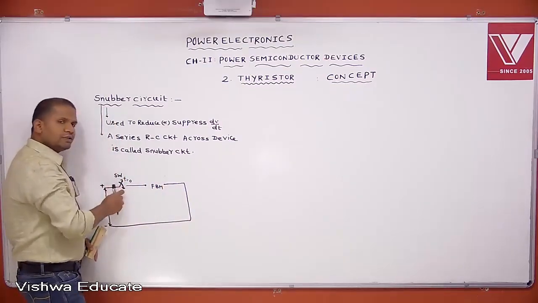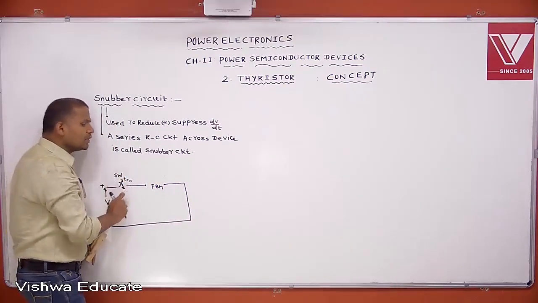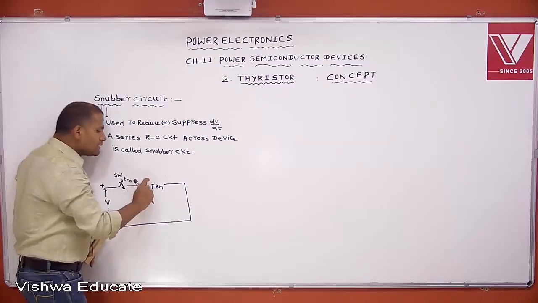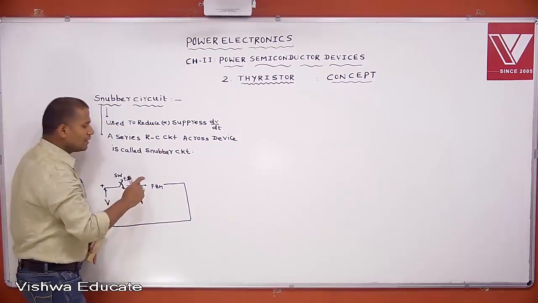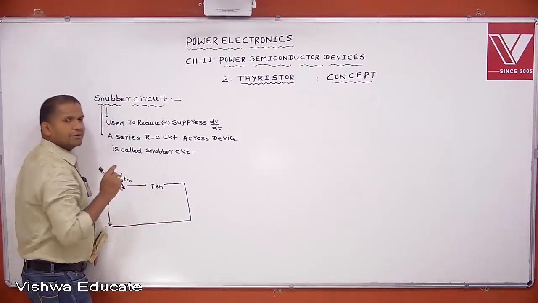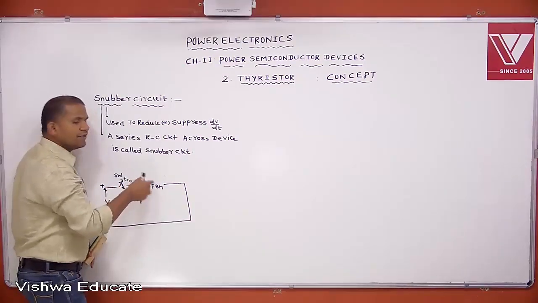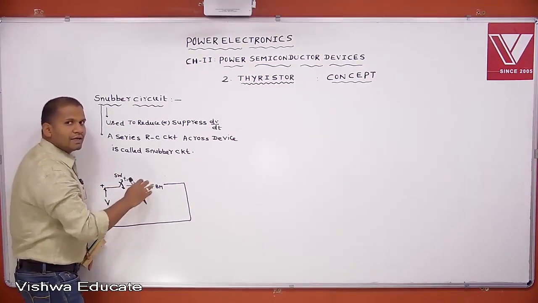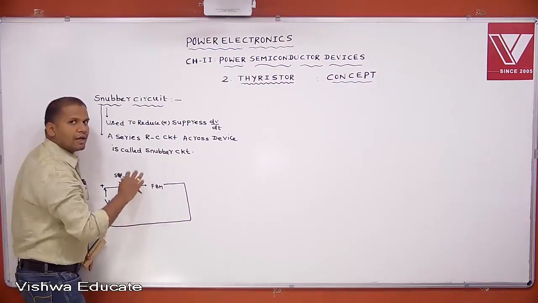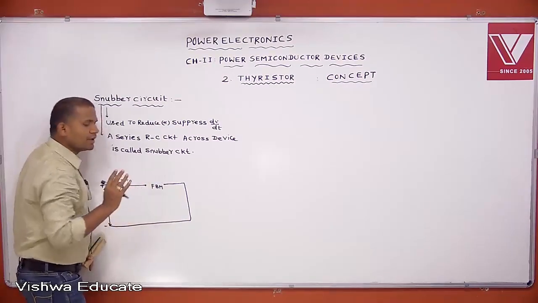Because of this transient voltage, that SCR may be damaged, because this voltage will appear across the device. Because it is under which condition? Off state. It is under forward blocking mode.